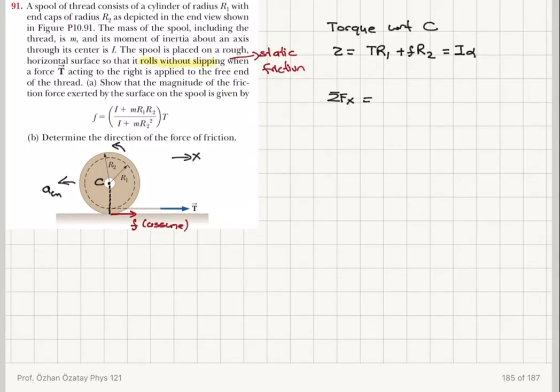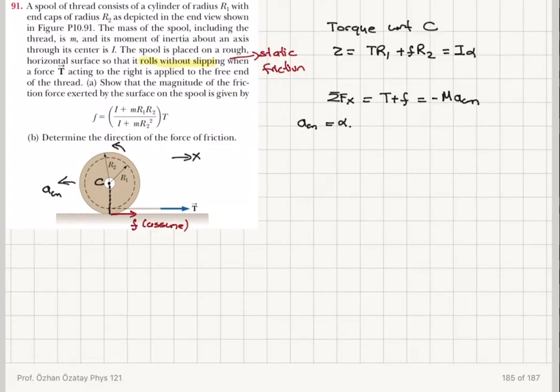Now, if I write the net force on the x-axis, that is T plus F, this is equal to mass times the center of mass acceleration, but I noticed that the center of mass acceleration should be to the left, so it's going to be equal to minus mass times a center of mass, because a center of mass is going to be to the left, if its magnitude is ACM.